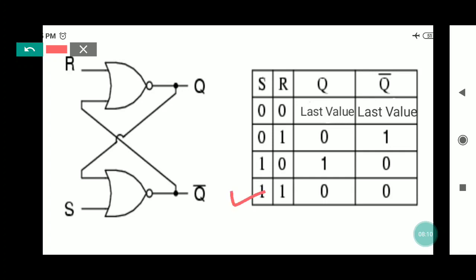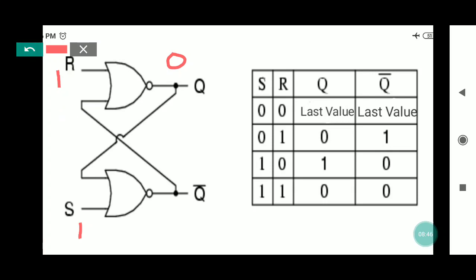Now taking the fourth case where R is 1, S is 1. Both R as well as S are 1 1. The interesting thing is this: here it is 1, so definitely the output will be 0, because the 1 decides that the output will be 0 irrespective of the value of the second input.